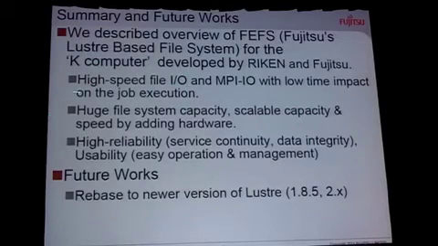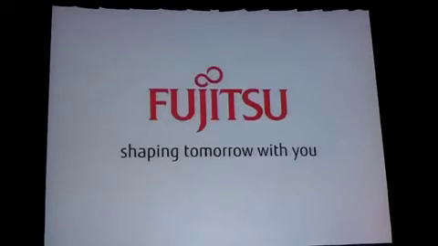This covers high-speed file I/O and MPI-IO, huge file capacity, and scalability in capacity and speed by adding hardware. It also offers higher reliability and usability. For future work, we are currently based on Lustre 1.8.1, but will revise to a newer version of Lustre, maybe 1.8.5 this year, and I hope 2.0 based next year. Thank you for your attention.